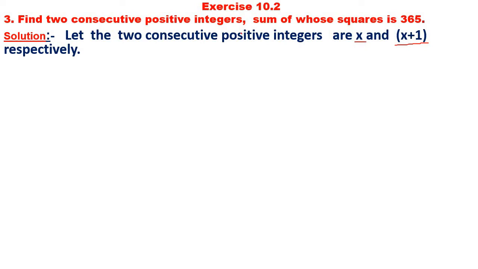Now the sum of the squares of these two consecutive integers is 365. Sum means addition.